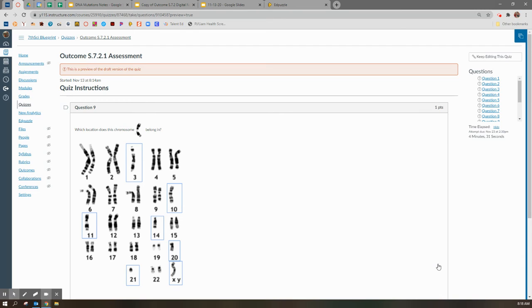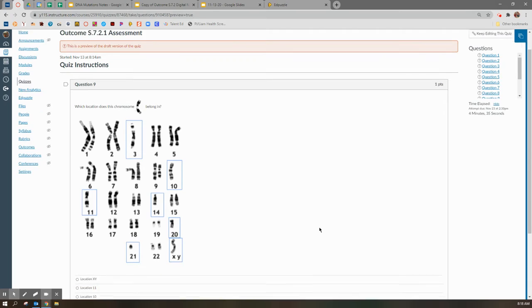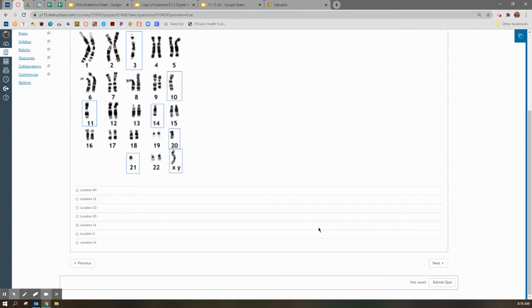Question 9. Which location does this chromosome belong in? Is it location XY, location 11, location 10, location 20, location 21, location 3, location 14?